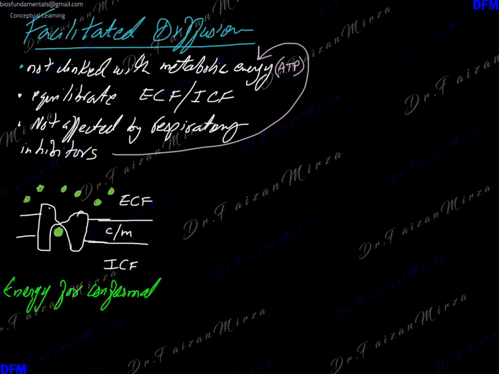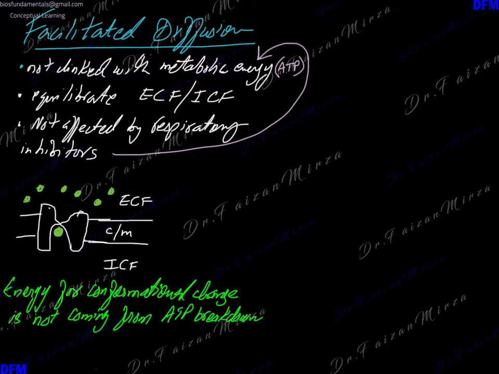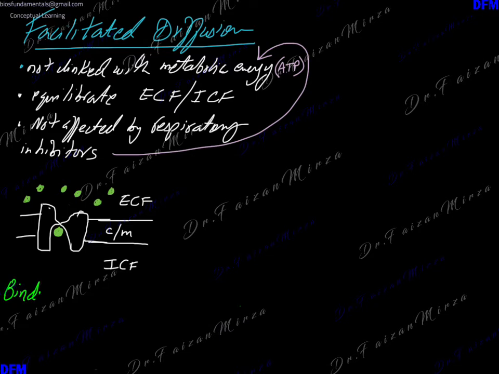Energy for conformational change of this transport protein is not linked with breakdown of ATP. It is just coming from the binding of the substrate or the substance moving from the ECF to the ICF.